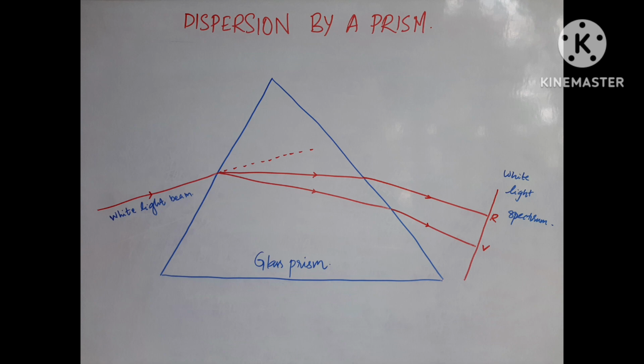Now this word spectrum, depending on the electromagnetic spectrum, has a wide range of meaning, but here we are just denoting that the colors of white light are known as the spectrum. We can say that visible light is a small portion of the actual electromagnetic spectrum, very narrow in range.